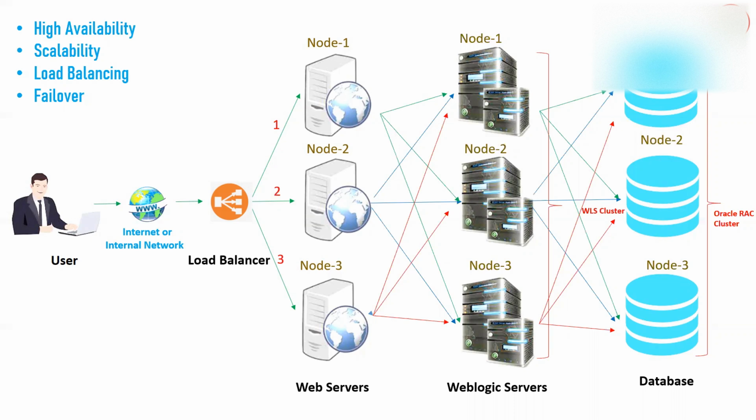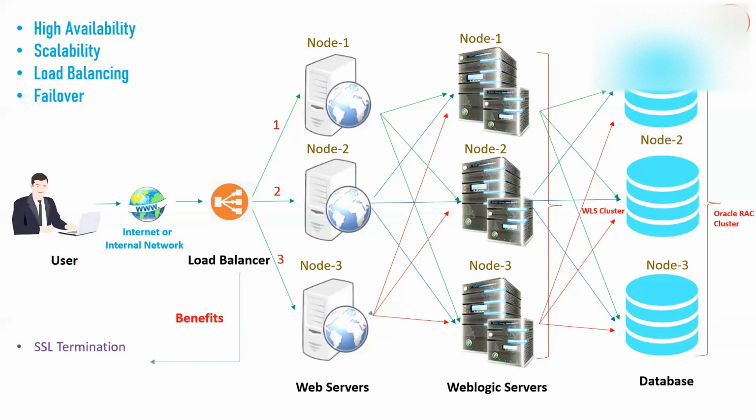Load balancing is how you divert the traffic, maybe from the load balancer to your web servers, then from the web server to your application server, and from the application server to your different database instances. And then failover: in case one server goes down, your session should transfer to some other running node.